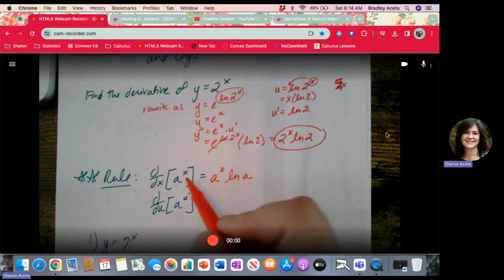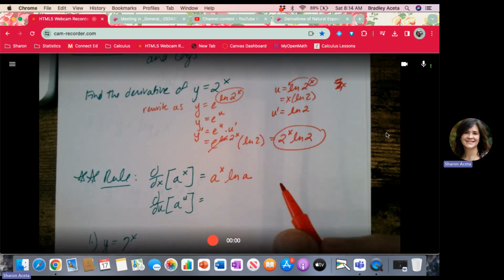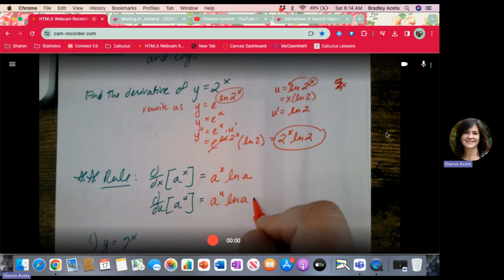If, however, that x happens to be a u, any other letter than x, you're going to write it again. You're going to attach ln a, which is the base, and then you're also going to attach the chain, which is the derivative of the exponent.